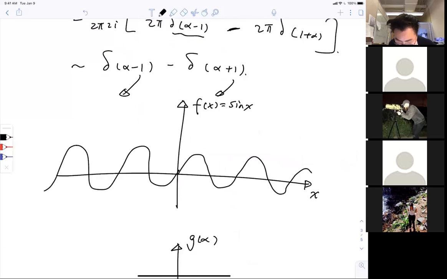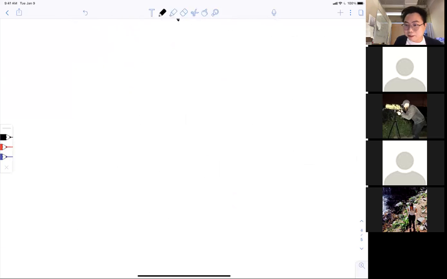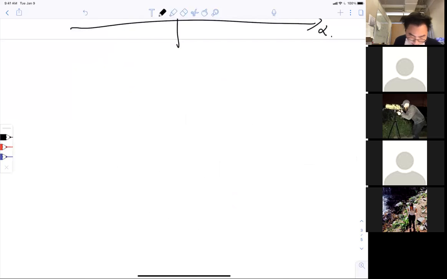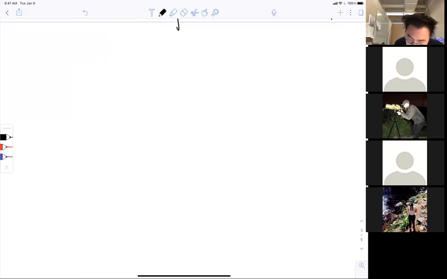So first, do you guys know what that function is? That function was invented by Dirac. Sometimes it's also called the Dirac delta function. He invented it to describe the density of a point charge.